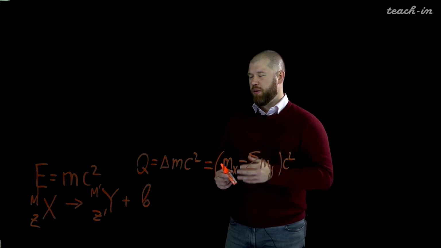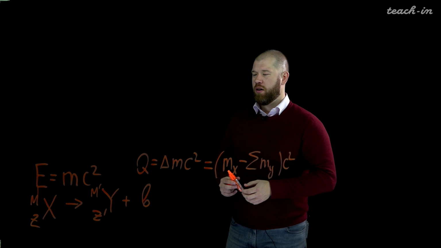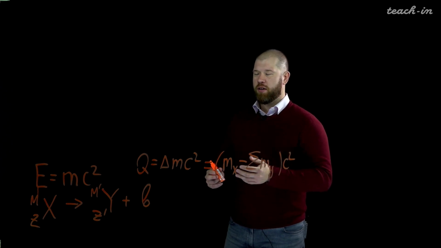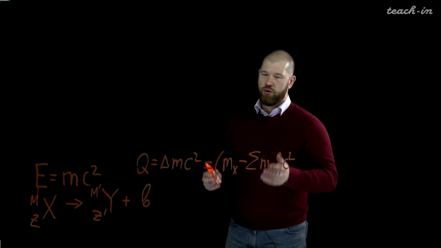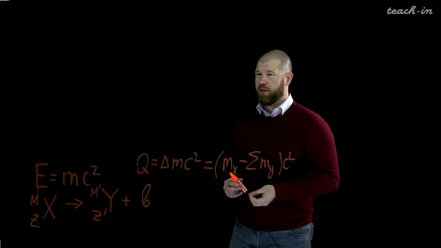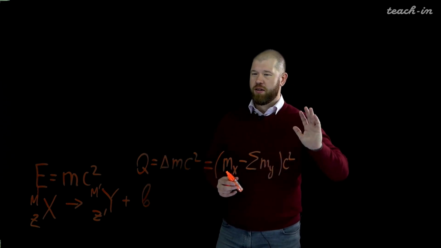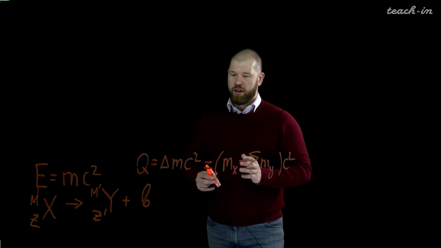And if we will use the conventional units of masses like kilos or grams and units of energy like joules, we will obtain very tiny numbers like 10 to minus 27 kilos and etc. So it's not very convenient.